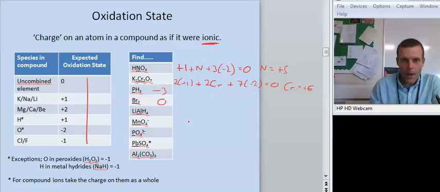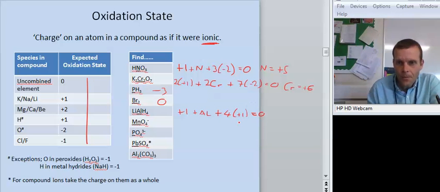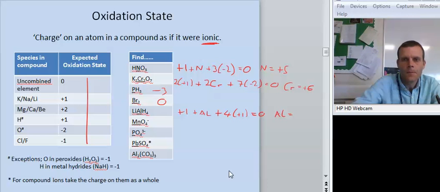The aluminium in there, +1, plus my aluminium, 4 lots of +1, equals 0, which means my aluminium is going to be... Right, sorry, my mistake, because this is a metal hydride, then our rule down here is that the H has to be -1.